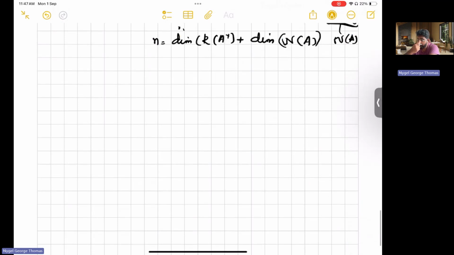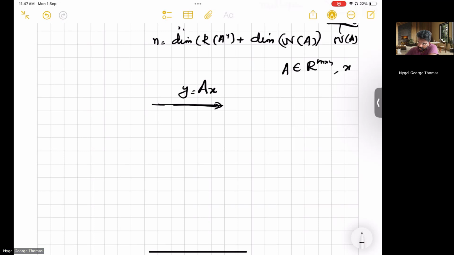Also, why is the left null space called left? Let's say we have a transformation Y equals A times X, where A is M cross N, X belongs to Rn, and Y belongs to Rm.